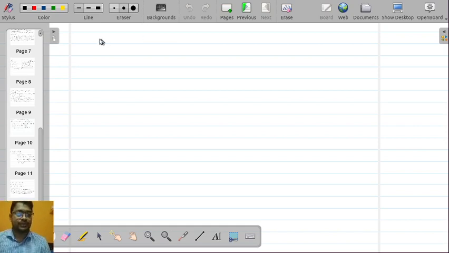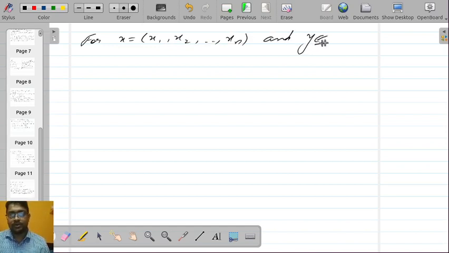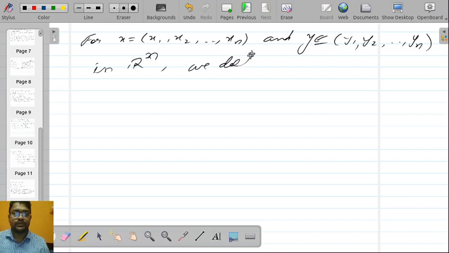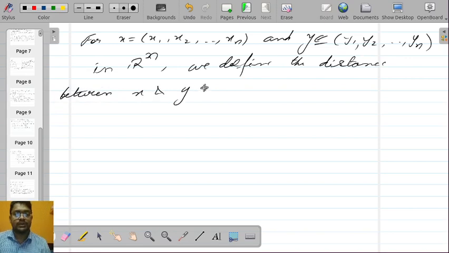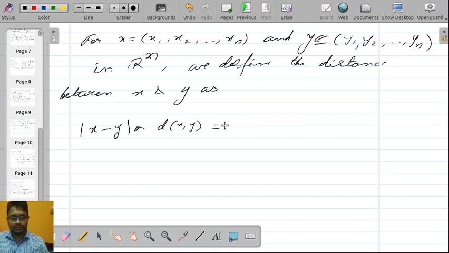So for x equal to (x1, x2, up to xn) and y equal to (y1, y2, up to yn) in R to the power n, we define the distance between x and y, denoted as mod of x minus y, or d of x, y, equal to the square root of... If you recall, what is the distance between 2 points in R square?